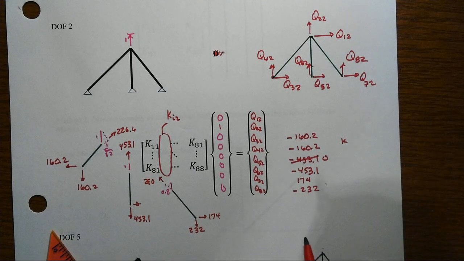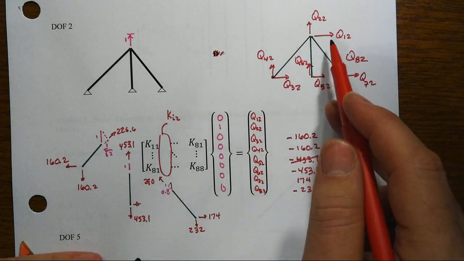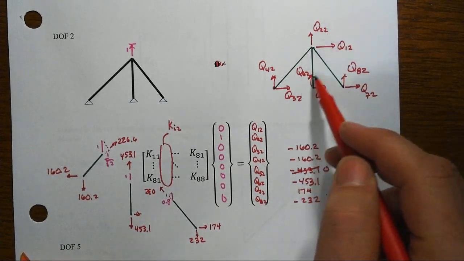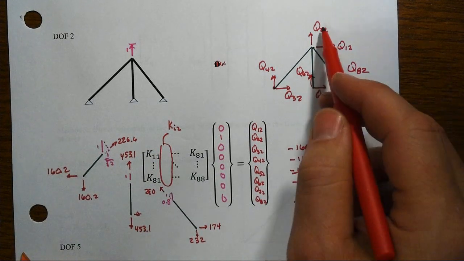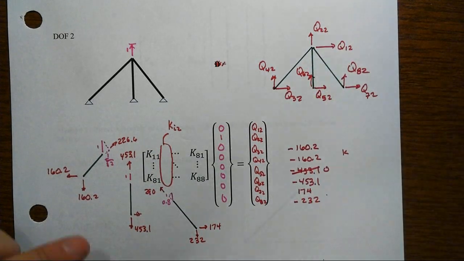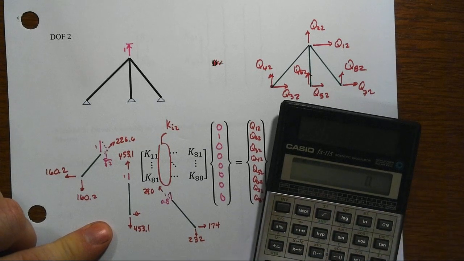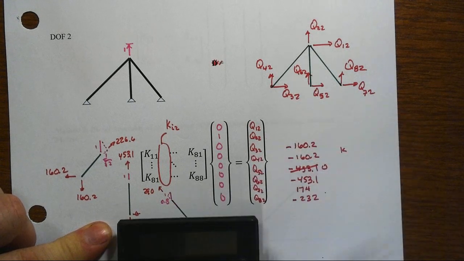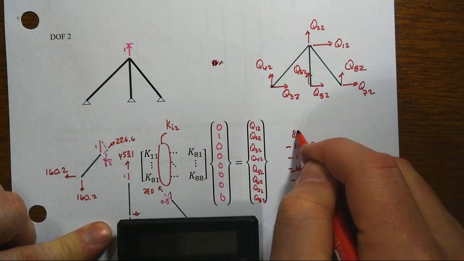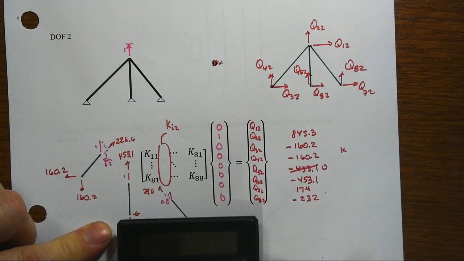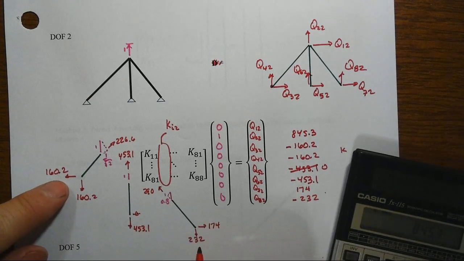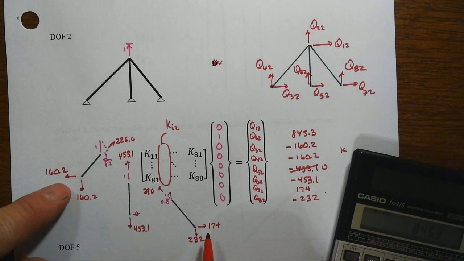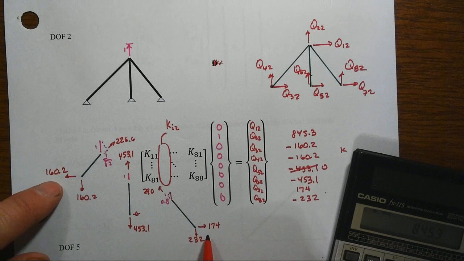And then what we've got to do, by summation of forces in the x, is Q22 will be the opposite of the sum of these others. They're all going downwards. So 232 plus 453.1 plus the 160.2 is 845.3. And then Q12, we've got nothing here in the middle. We've got 160.2 going to the right, 174 going to the left.